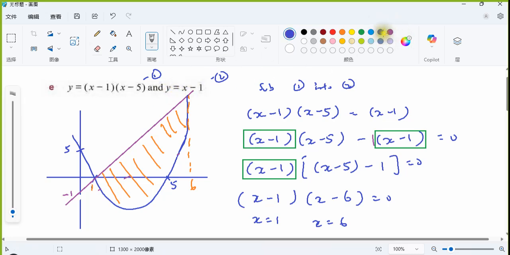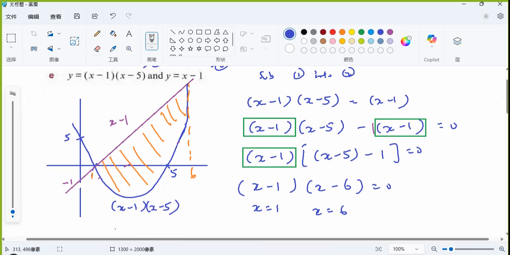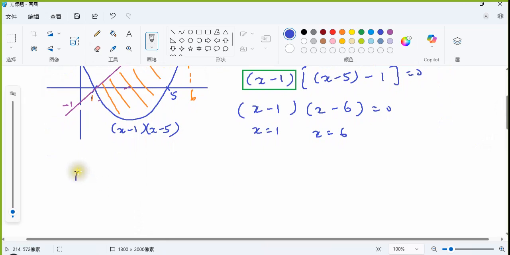So the graph above is x minus 1 and the graph below is x minus 1 times x minus 5. So the area under the graph will be integration from 1 until 5 of x minus 1 minus x minus 1 times x minus 5 dx.